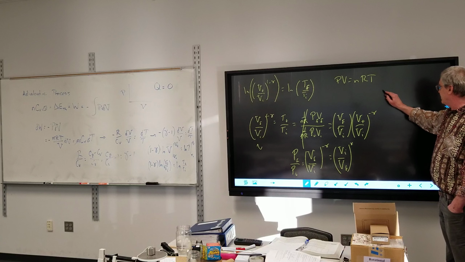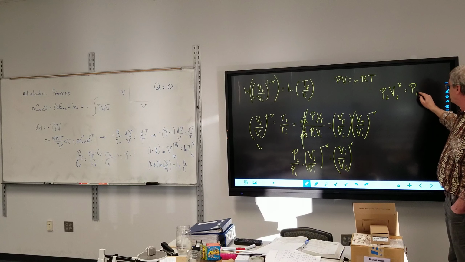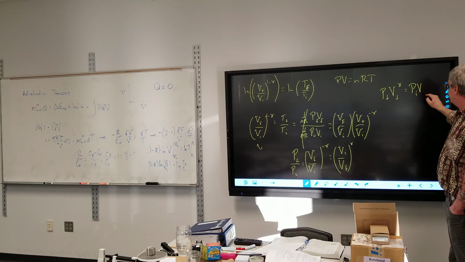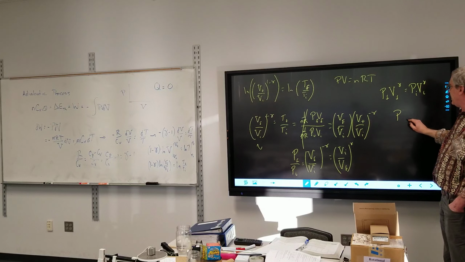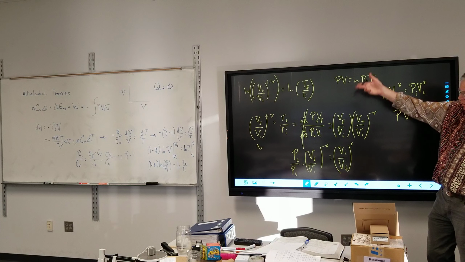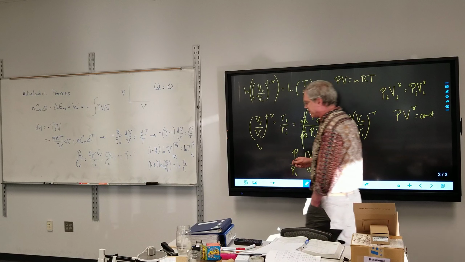Cross multiplying there, I get P final times my final volume to the gamma is equal to P initial times initial volume to the gamma. In essence, this relationship here is that PV to the ratio of CP to CV is a constant for adiabatic relationships, for an adiabatic process.